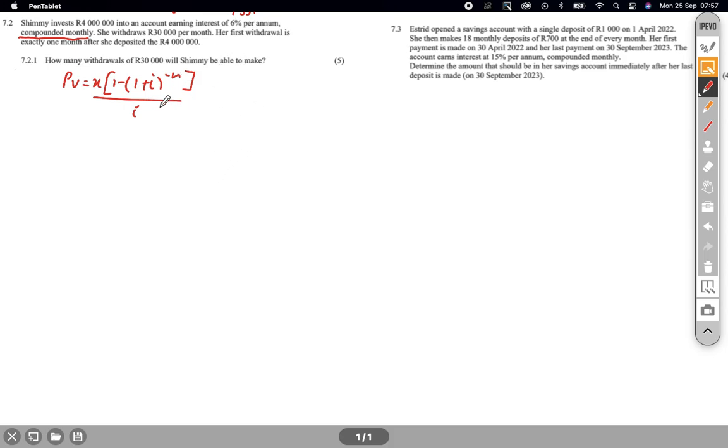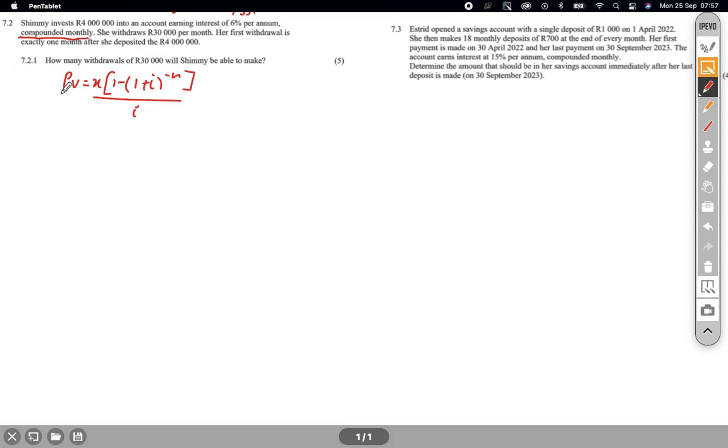So here are the tips. If they're talking about a withdrawal, so if they say withdrawals of X rands per month, you think about the present value formula. If they say a person is investing X rands per month, you think of the future value formula. If they say a person takes a loan, you think of the present value formula. Okay?